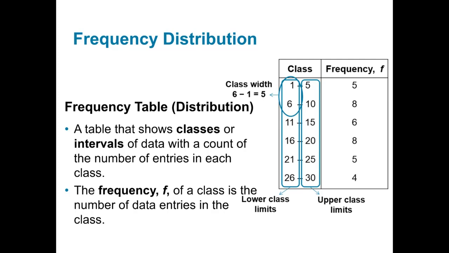But really, it's just an interval range. So basically, if my data runs from 1 to 30, then I'm going to group it, in this case, by 5s, so that it makes it a little bit easier to see.